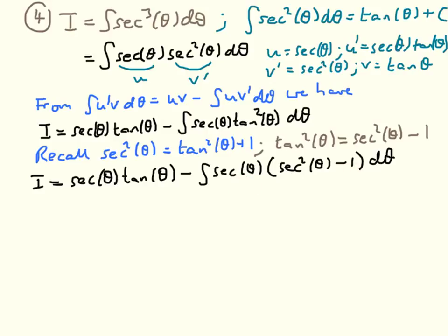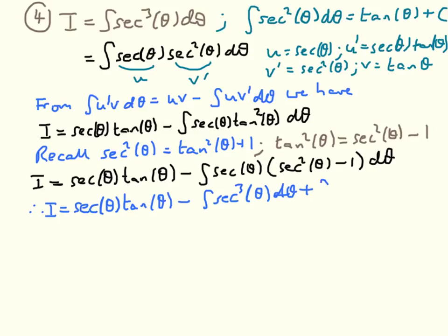So this means that I is sec theta tan theta minus the integral of sec cubed theta, and now it's minus minus, so therefore overall, plus, and now it's the integral of sec theta with respect to theta.